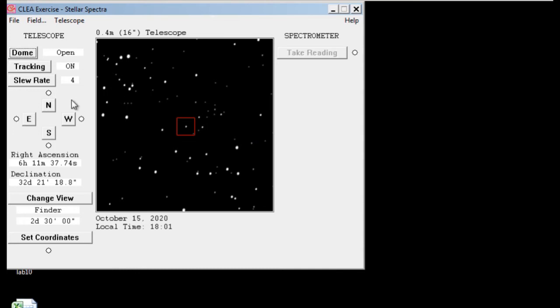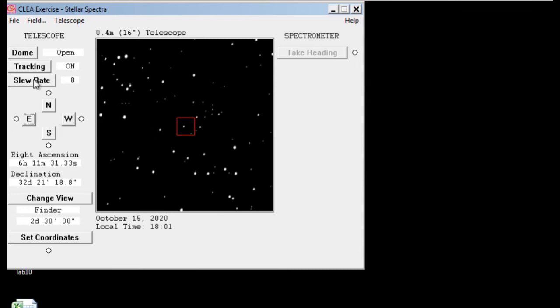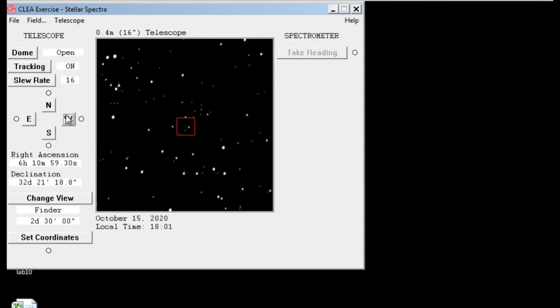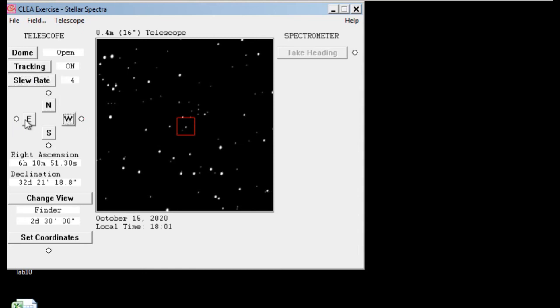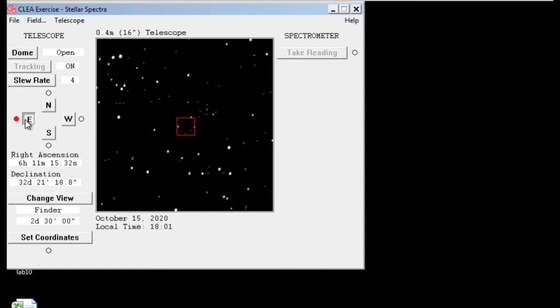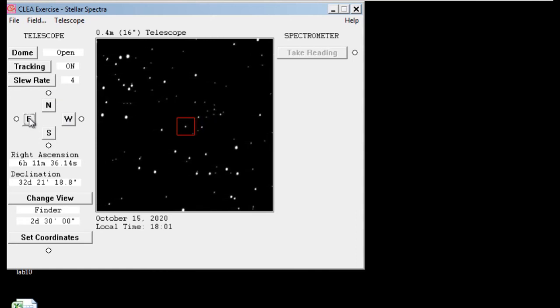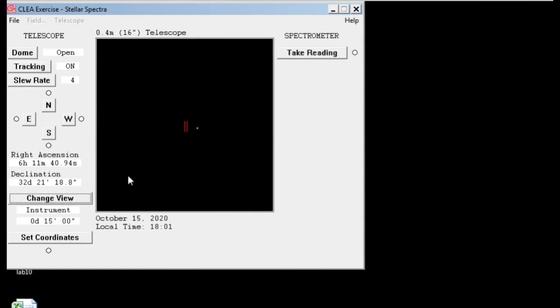All right, we would move around the same way I talked about before. We could change our slew rates. We can move very fast, even faster, or very slow. 4 is a good number. We can center a star, more or less. Change view. Again, center.